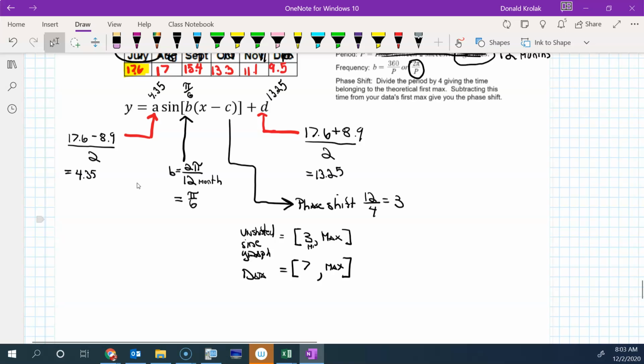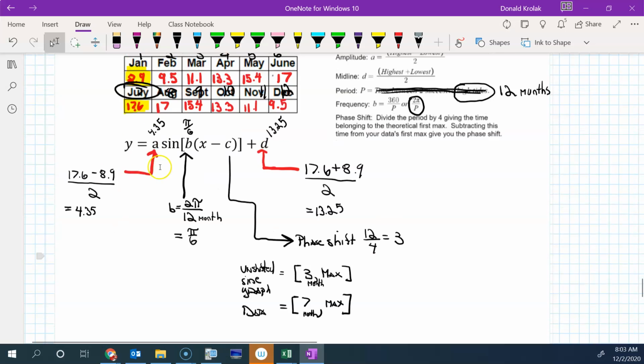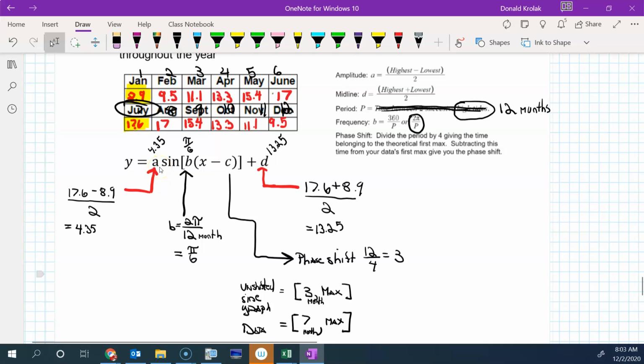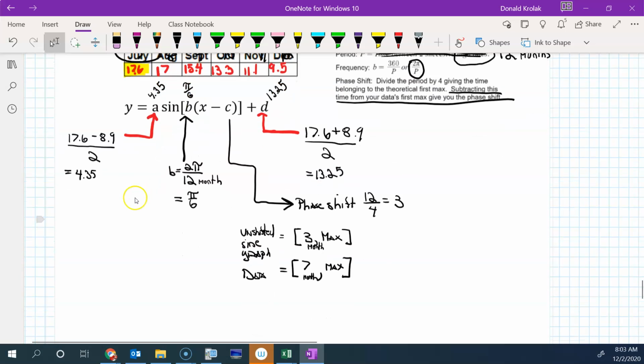This is 3 months. So what we did was subtract what we got, 3, from the data's first max. Here's the data's first max, here's the theoretical first max, there's my shift. So I've got to shift 4 months to the right.